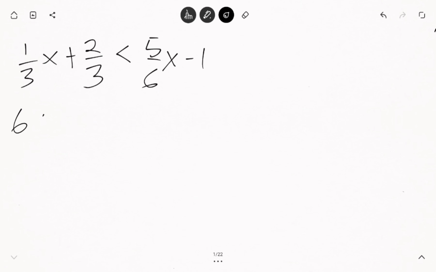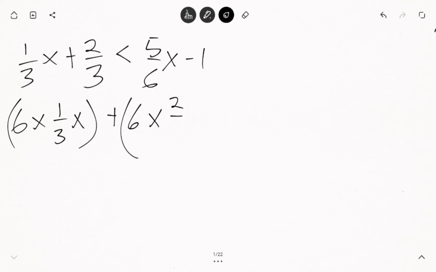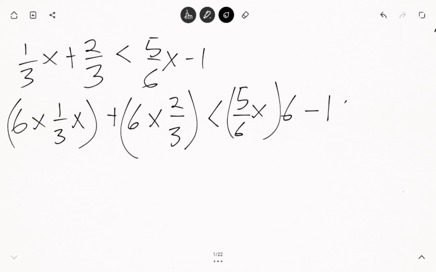So we are going to have 6 multiplied by 1 over 3x, plus 6 multiplied by 2 over 3, less than 5 over 6x multiplied by 6, minus 1 multiplied by 6.